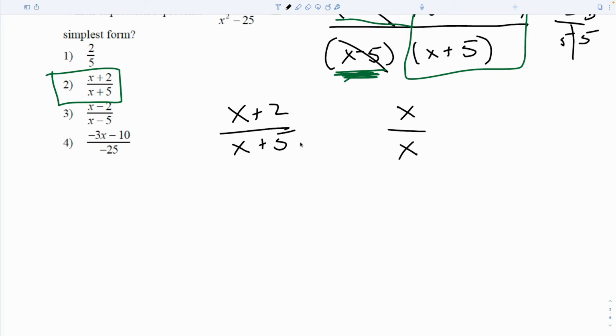You can't cross it out if it's an x plus a 2. It's the same reason why you couldn't cross it out if it was 7 plus 1 and 7 plus 2. You can't cross out the 7s. If it was 7 times 1 and 7 times 2, that works, but this is a whole term. You can't cross out the 7s if they're added. Don't cross out the x's if they're added. Next page.